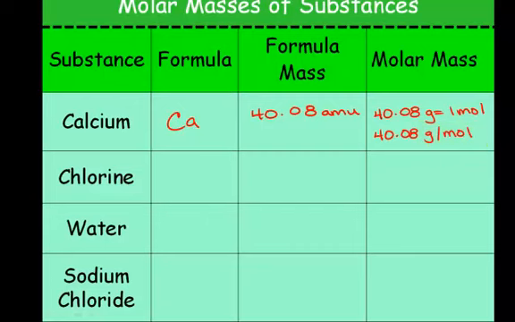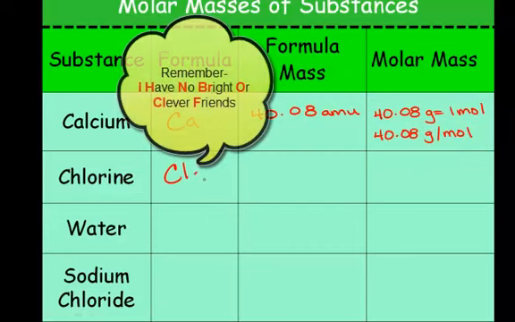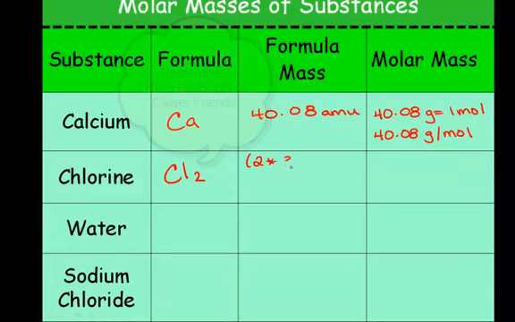Chlorine. Chlorine's a diatomic molecule, so it's Cl2. That means that we have 2 atoms of chlorine. Each chlorine atom has a mass of 35.45. So the formula mass of Cl2 is 70.9 AMU.